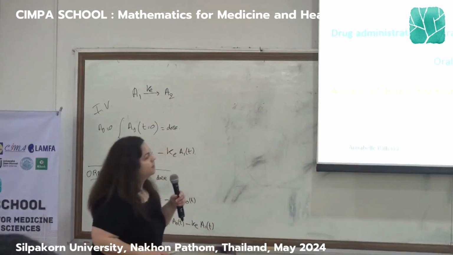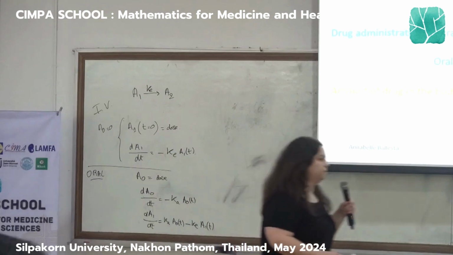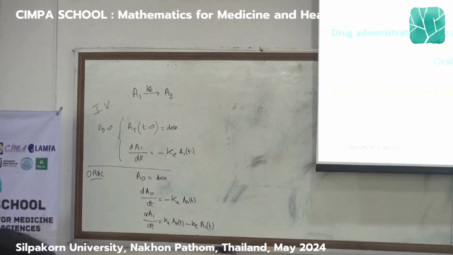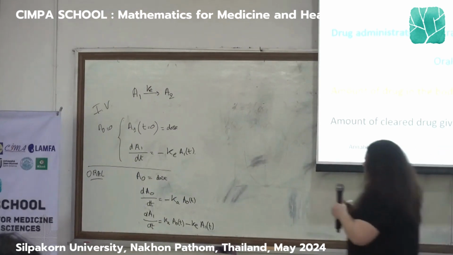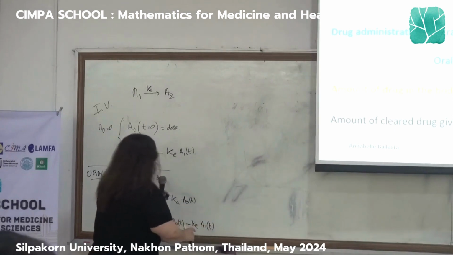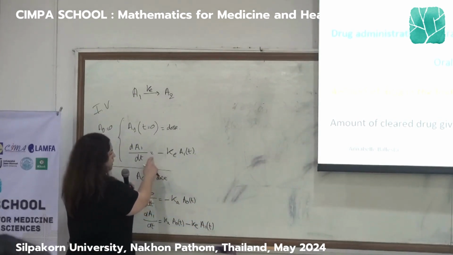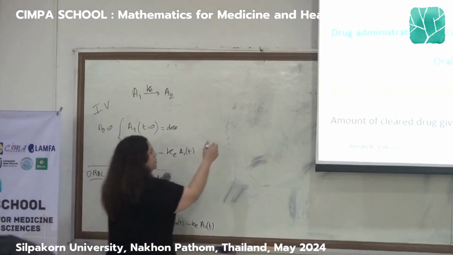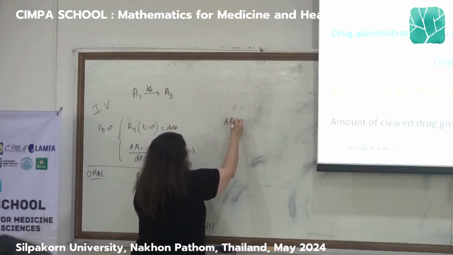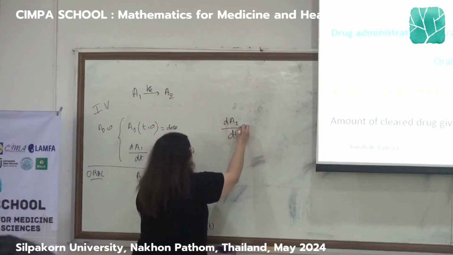So the last variable I want to talk about is A2. And A2 is governed by this equation. Basically, anything that goes out from the compartment A1, in both cases, will go into compartment A2, because we don't want to lose any matter.